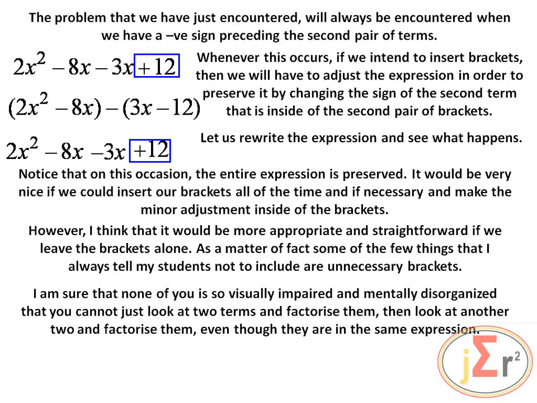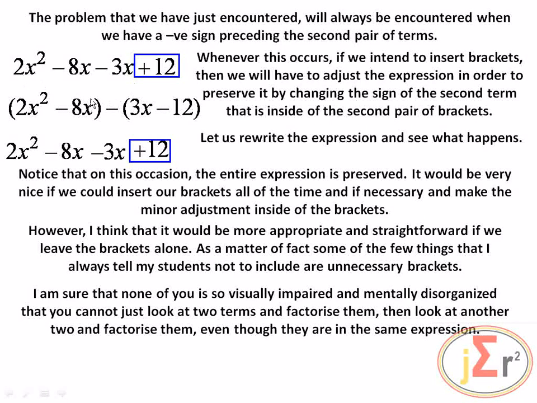And I am sure that we do not need any assistance to organize them in a visual way in order to distinguish among the pair of numbers. In the event, as we will see in the tutorial as we go along, that when we are attempting to factorize an expression like this there is no match or no common factor that we can see immediately, then we have to take maybe the first and the third.